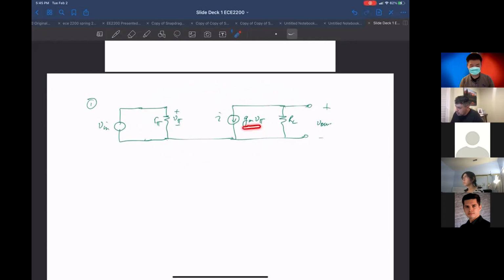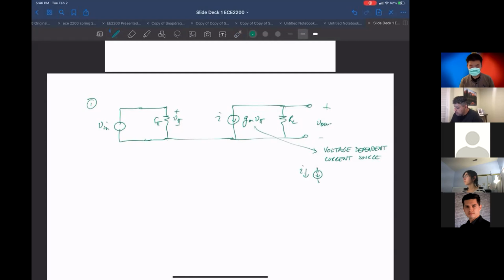And this current source is something called a voltage dependent current source, meaning that if you had just a current source, it would always have the same current, no matter what.